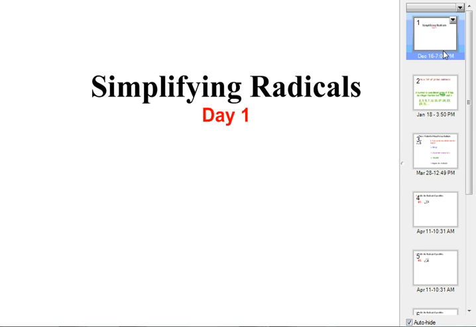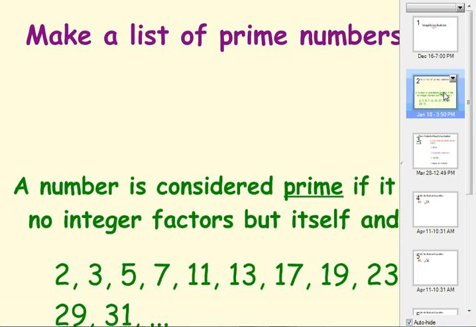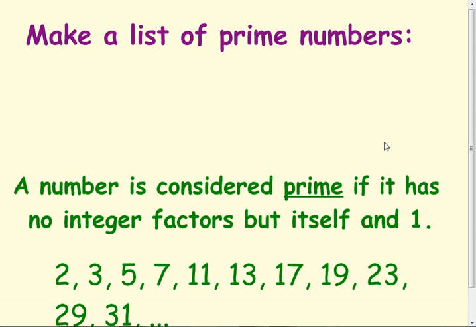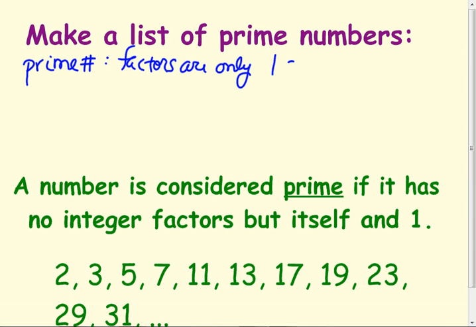We're gonna simplify radicals, and we're gonna start with prime numbers. So, do you know what a prime number is? Excellent. The factors are only one and itself.